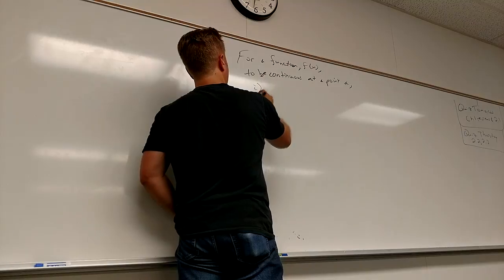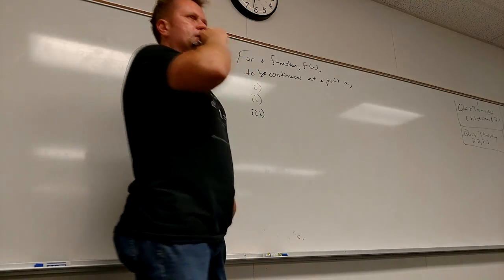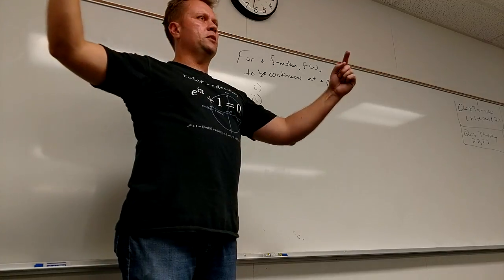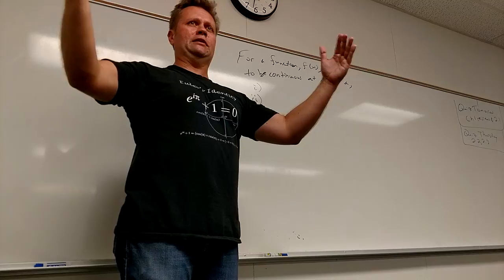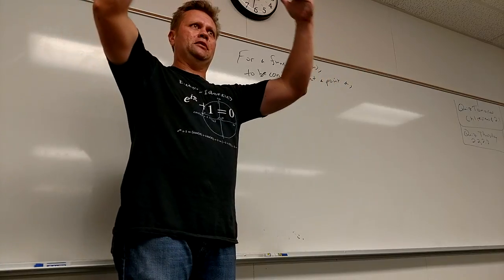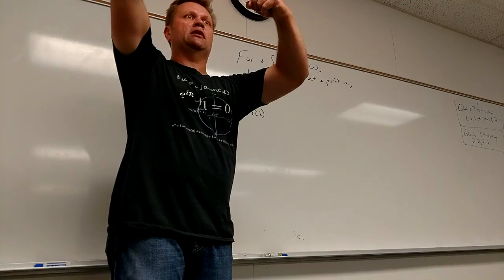I'm going to write 3 things, and then write them all at once. First off, the limit has to exist at that point. If the limit doesn't exist, there's no way it's going to be continuous.